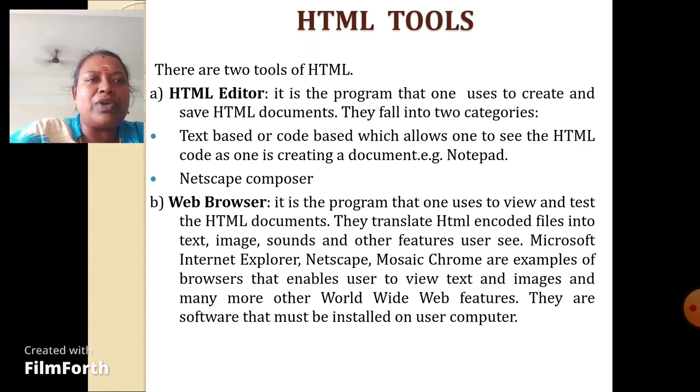These come in two categories: text based or code based, which allows one to see the HTML code as one is creating a document, based on Notepad, and running the process using HTML tags in Netscape Composer or Internet Explorer or Chrome, etc.